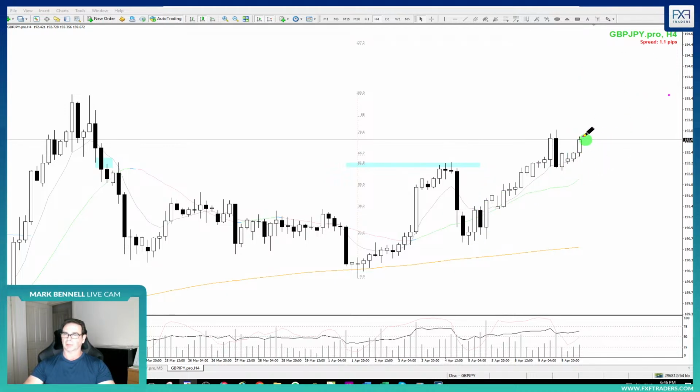Or if we get maybe a bit of a stall through here. Something like that. Through the 61. Well, outside bar negated. Or looking to be negated.